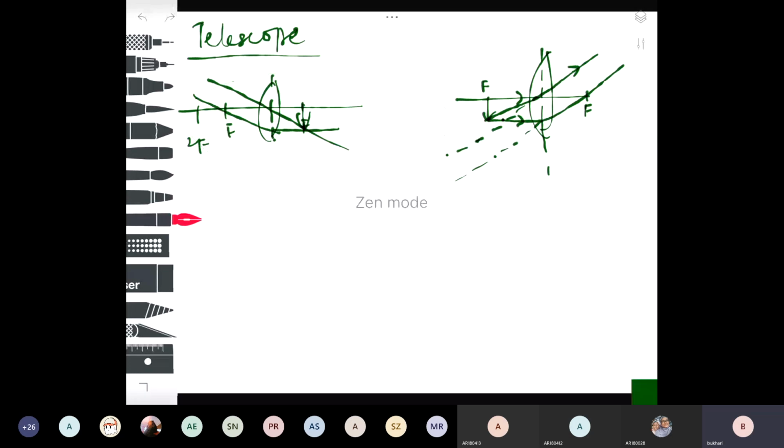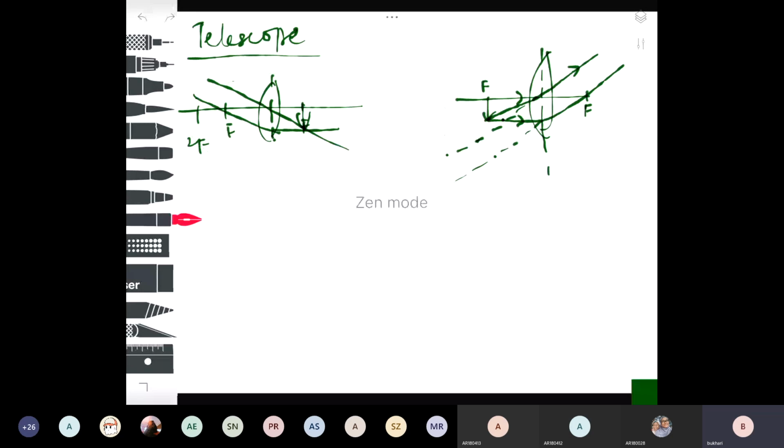Okay, you have a long straight line, the principal axis, and then you have the objective lens. We call it objective lens because the object is on this side. This is FO because it's the objective lens.